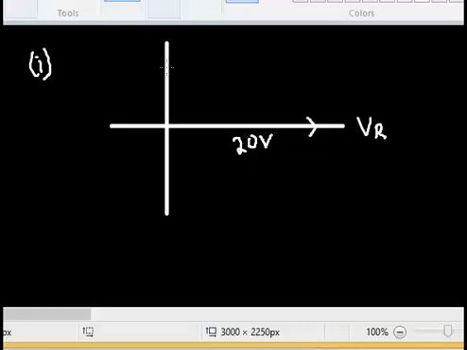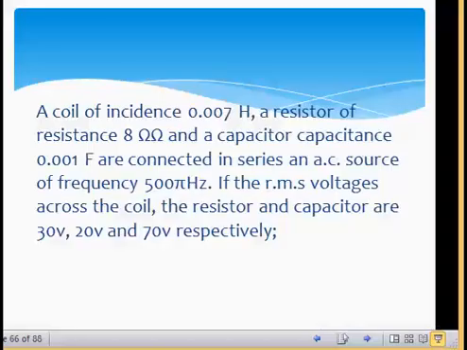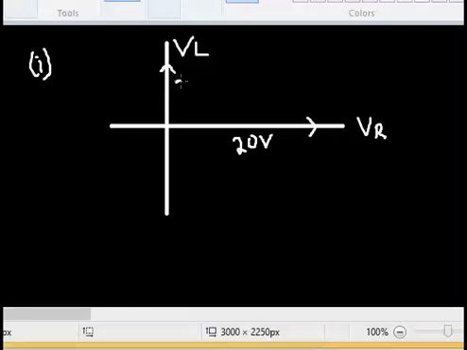Now remember, whenever an inductor is connected across an AC source, the voltage leads. So this one now vertical, this one that is leading, is VL, and that's 30 volts.